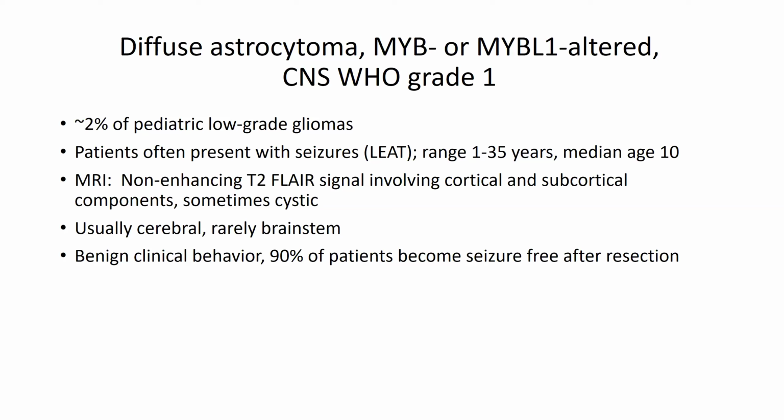They're usually cerebral, but we have seen very rare examples in the brainstem. And there's a lot of overlap with this entity with angiocentric gliomas as well, that also have MYBL1 fusions. These, as I mentioned, have very benign clinical behavior, and these patients do very well and become seizure-free after a tumor resection.